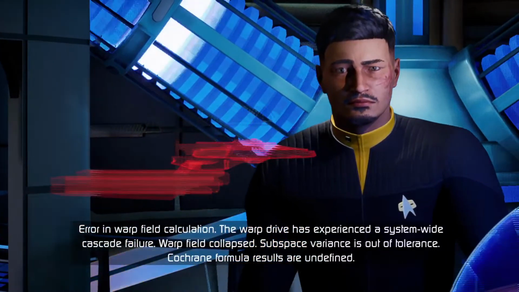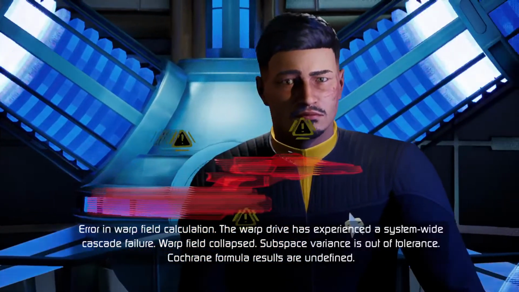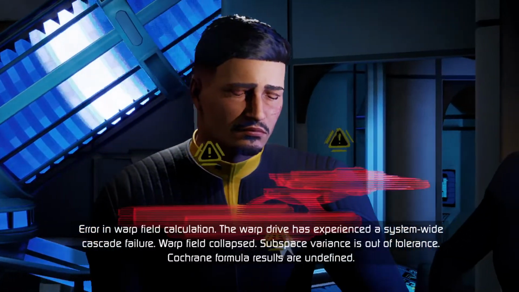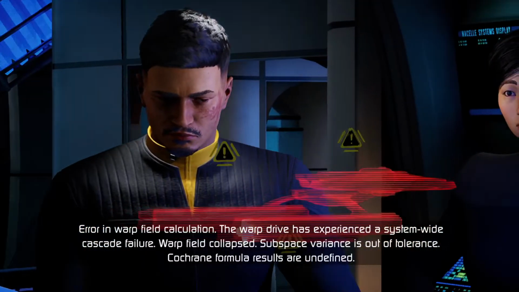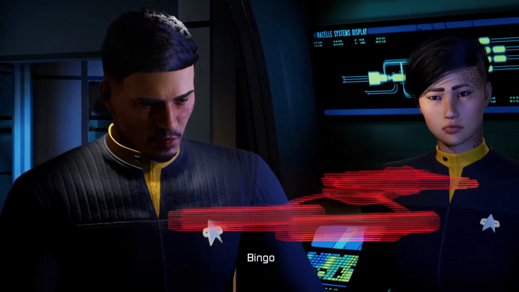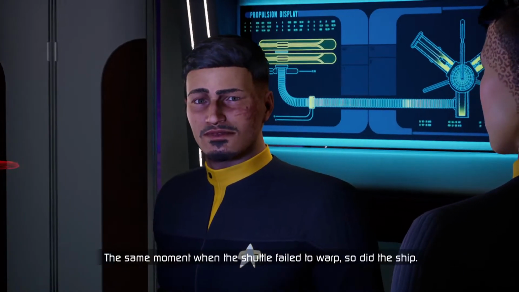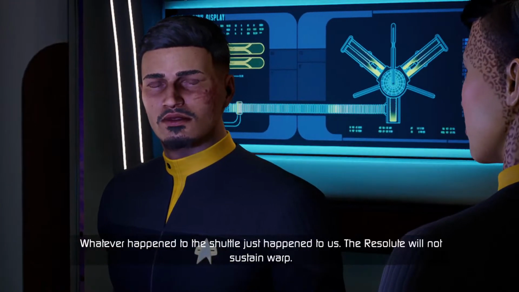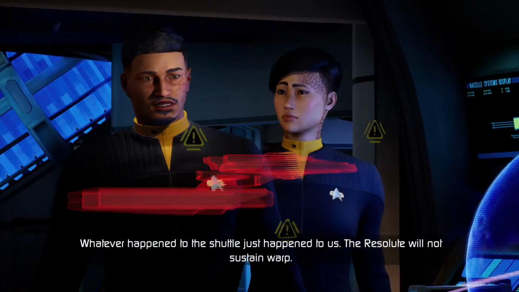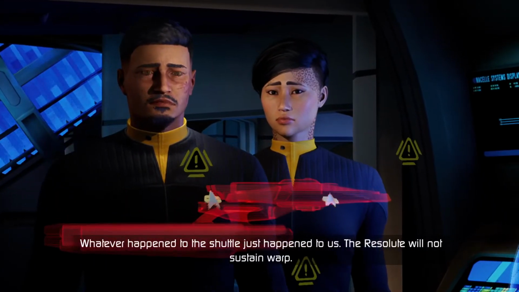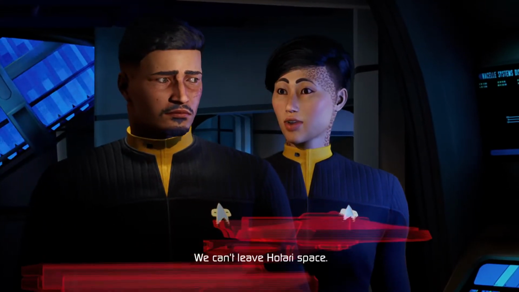The warp drive has experienced a system-wide cascade failure. Warp field collapsed. Subspace variance is out of tolerance. Cochrane formula results are undefined. Bingo. What-o? The same moment when the shuttle failed to warp, so did the ship. Whatever happened to the shuttle just happened to us. The Resolute will not sustain warp. We can't leave Hotari space.